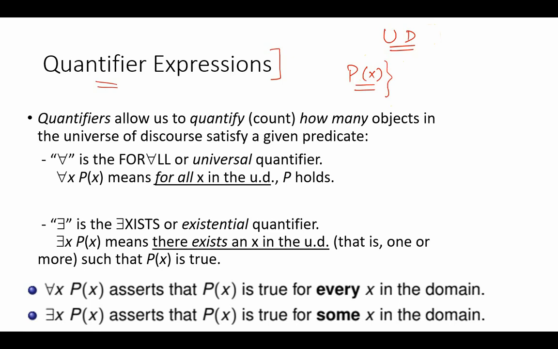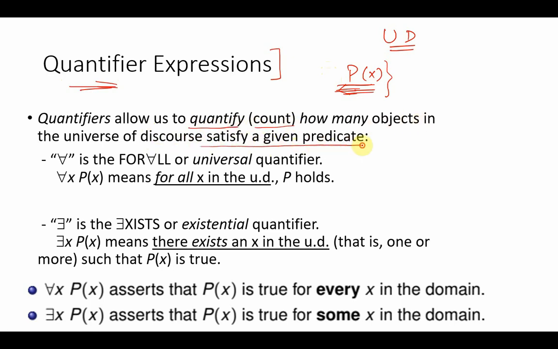If I want to specify or clarify for how many values from the universe of discourse this predicate is true, and for how many it is false, then I have to use a quantifier. So quantifiers are used to quantify or count how many objects in the universe of discourse satisfy a given predicate.